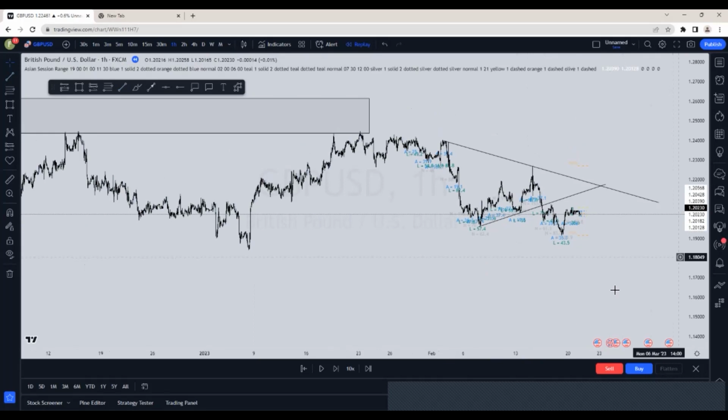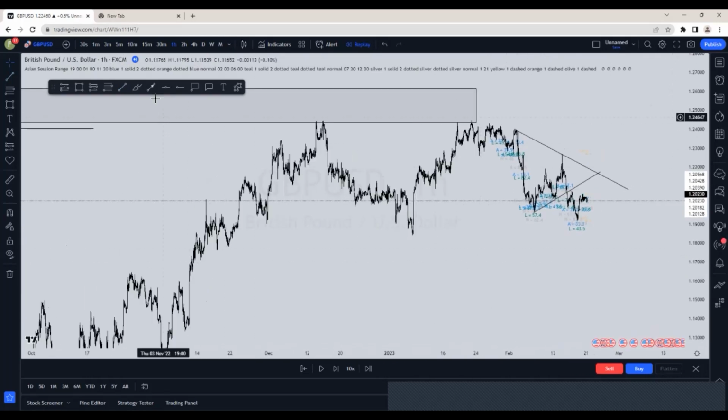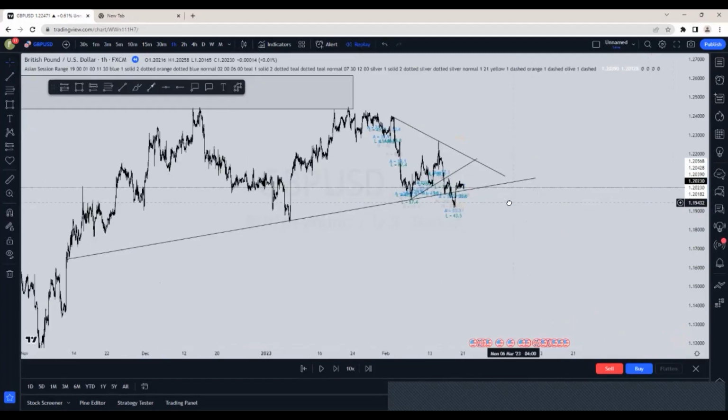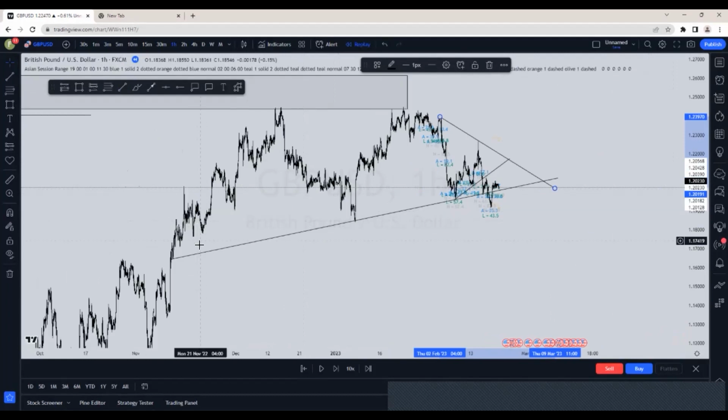And of course, let me see. So we have this low here, right? We have this low, and let me try to draw it to this area and see. Let me also bring this one downward here. All right, so I have this.